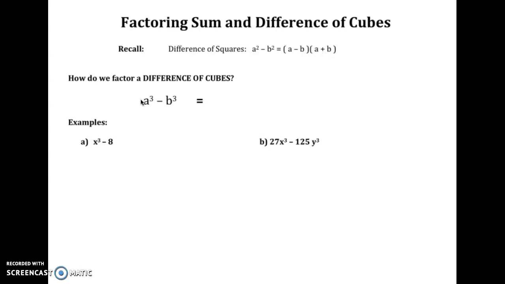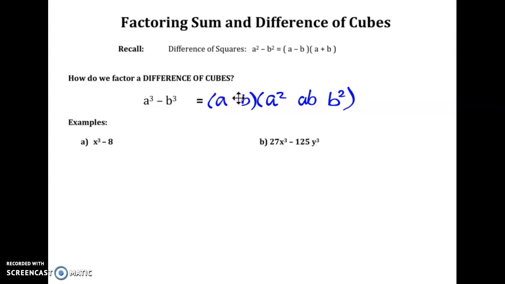For a difference of cubes, we are also going to have a pattern that we can follow. It's a different pattern, but it's a similar idea. It's just another pattern. So if we have a cubed minus b cubed, that will actually factor into a bracket that has an a and a b, and then another bracket that has an a squared term, an ab term, and a b squared term.